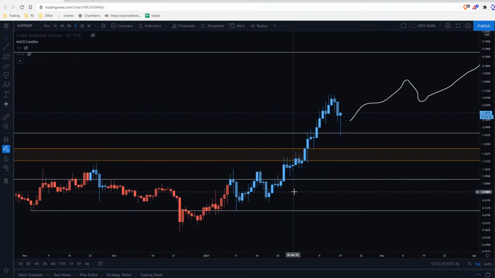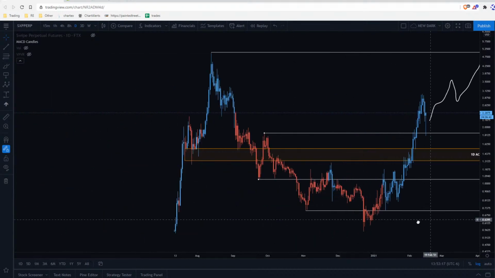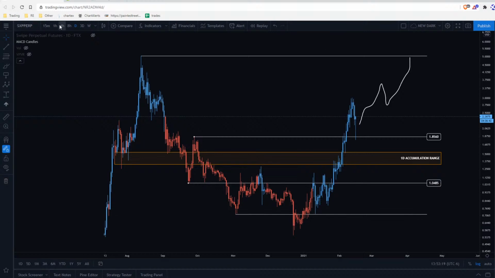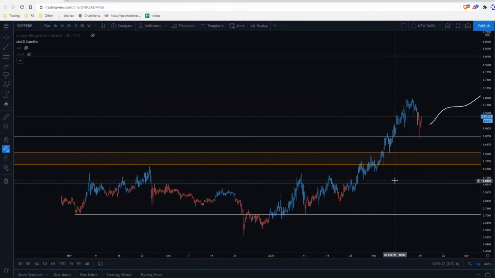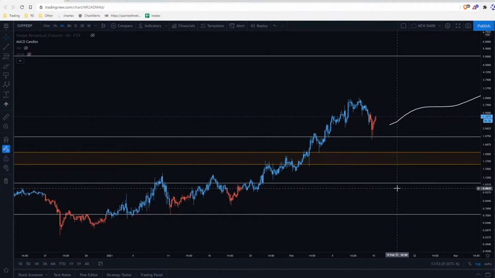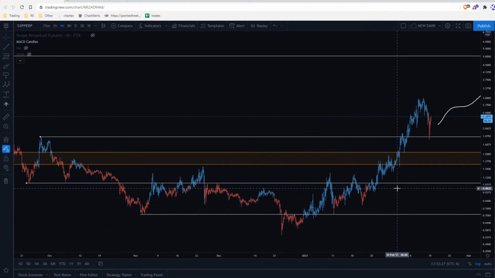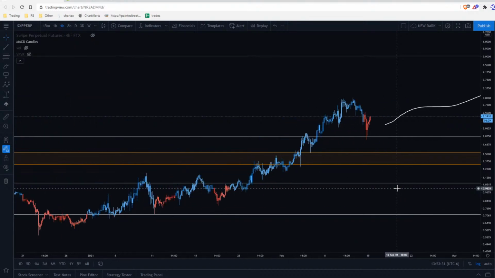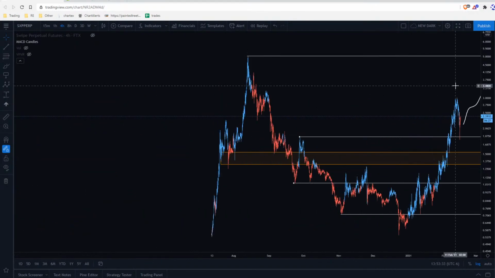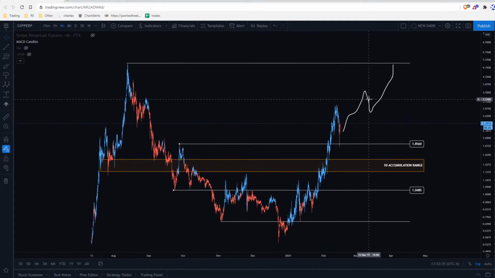We can go to daily here. Yesterday was a great buy opportunity, and I did buy a lot, but I didn't touch SXP. I probably should have. I don't know that we get this pullback. We may just go straight to the all-time highs.